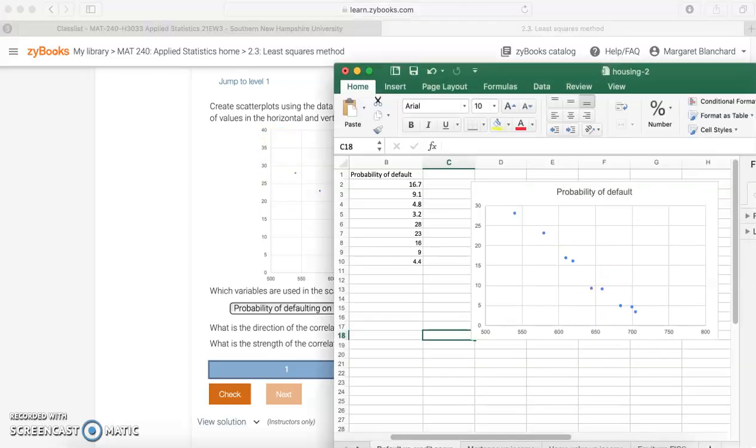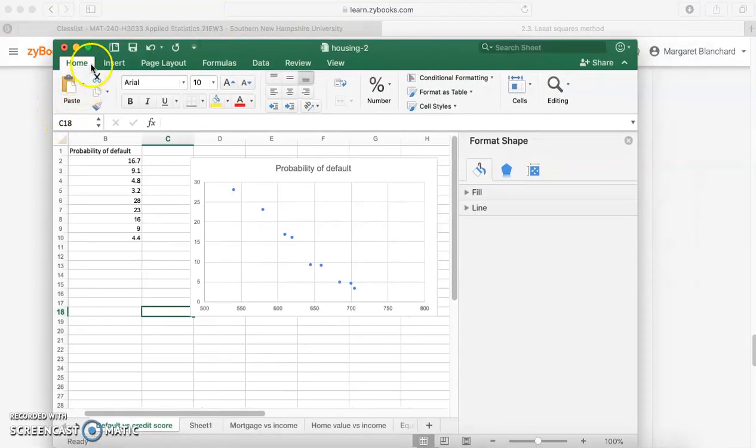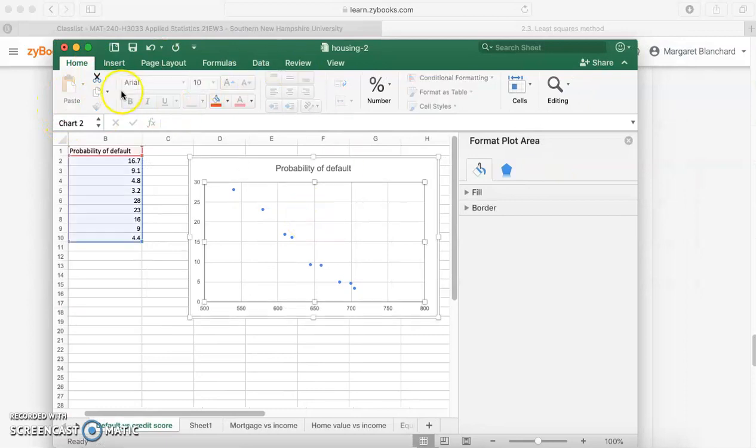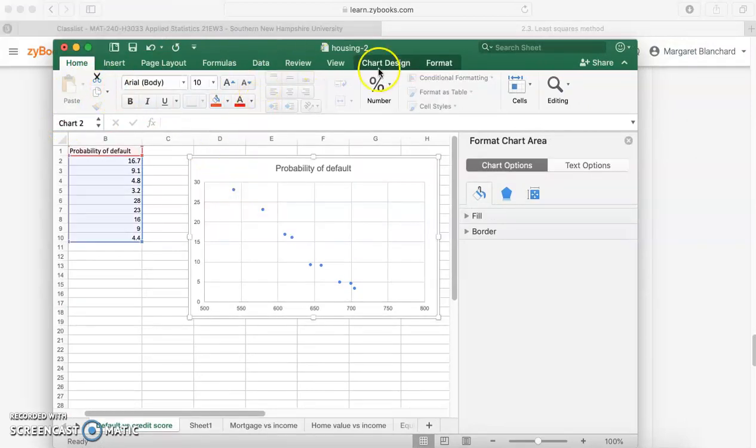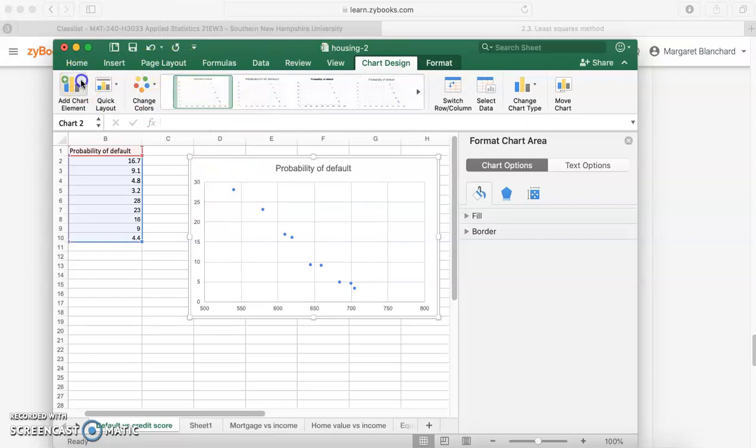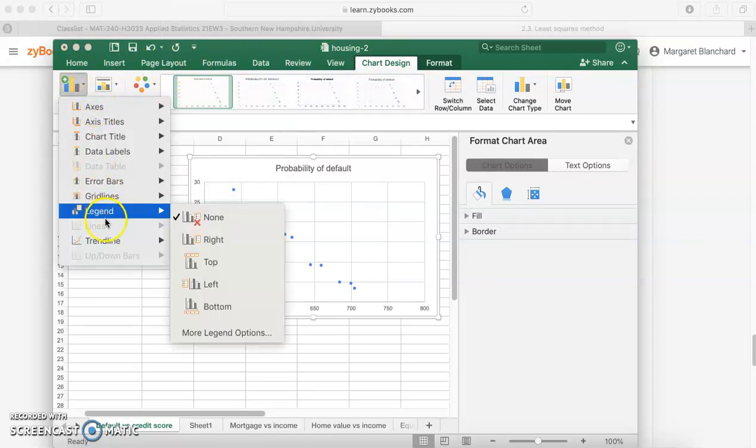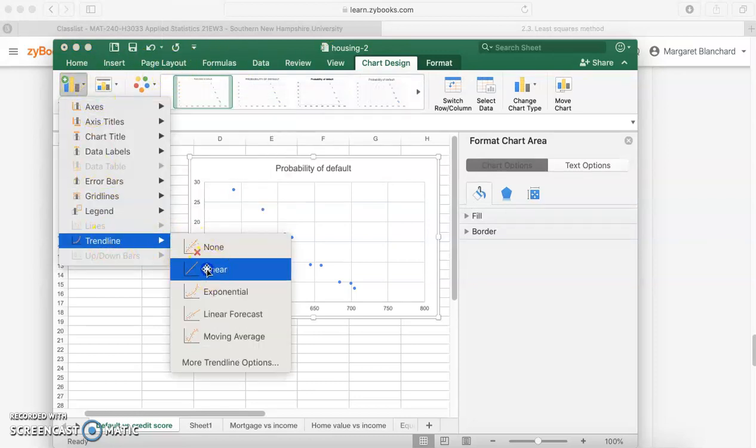Let's see what we can even add here. What we can also add to help you see that: when we're here, you go to chart design, go down here to trend line, and you can add a trend line.